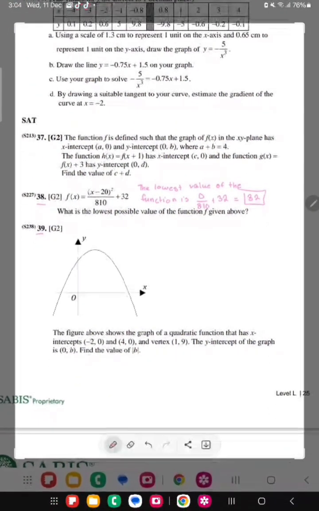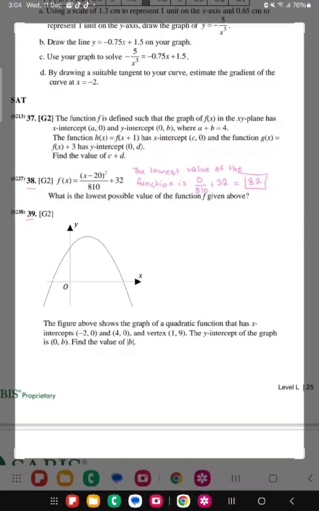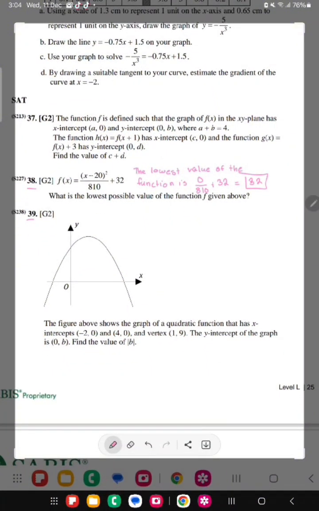Now 39, this is how you're going to write it. They want the y-intercept, basically. So you're going to draw the original function, which is the standard form of the equation: f of x is equal to a into x minus or plus h squared minus or plus k.